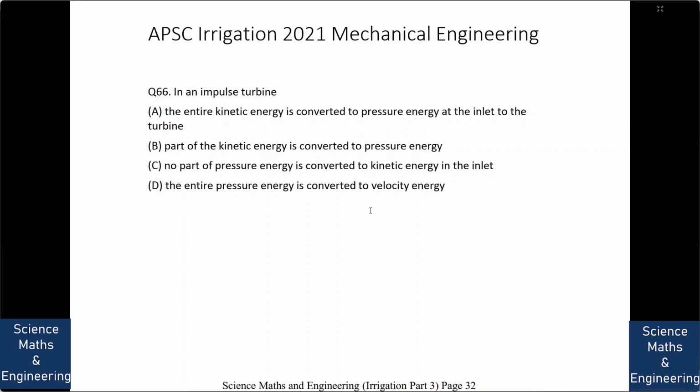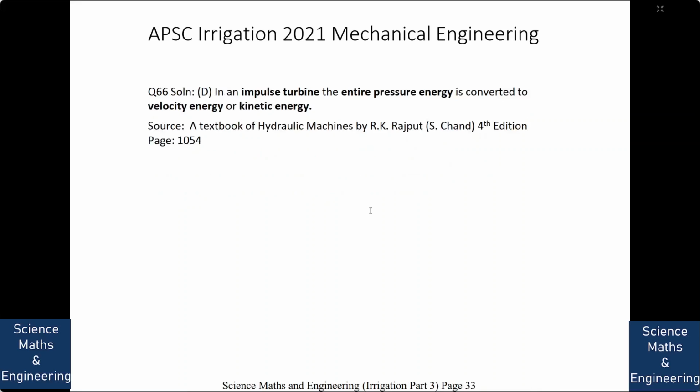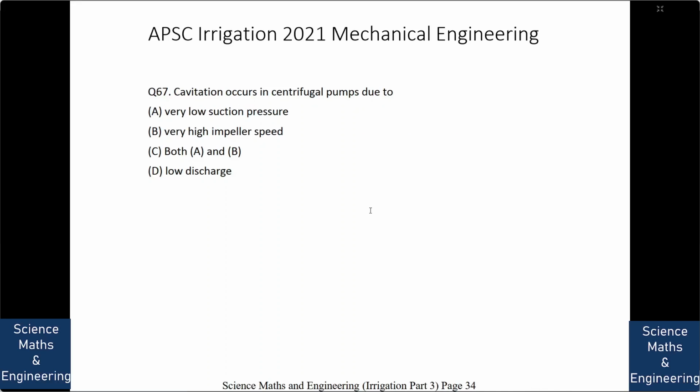So you can pause and think of the answer. So the answer is D. In an impulse turbine, the entire pressure energy is converted to velocity energy or kinetic energy. If you have any more doubt, you can follow the source. So we'll go to the next question.